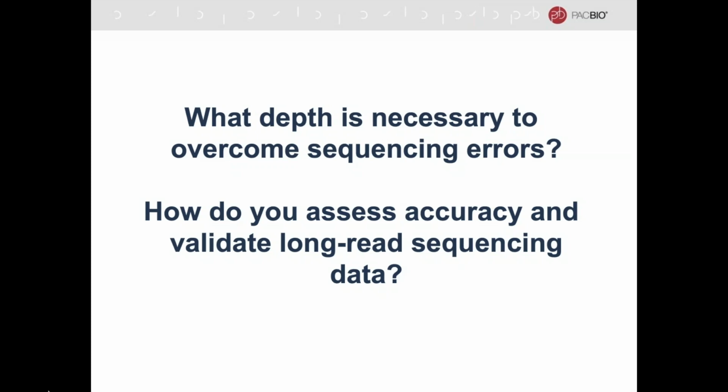So again, as Kristin mentioned, when you have an insert where the polymerase goes around multiple times and then you can collapse those reads to wash out error, the accuracy you can achieve with CCS or the HiFi algorithm is incredibly high on the Sequel II. In fact, it's higher than some of the RTs and polymerases we use to generate the amplicons to begin with. So we've actually gotten into situations where we're characterizing a lot of PCR error, which is a blessing and a curse to some extent.